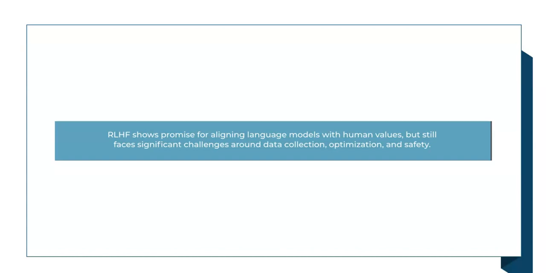The same probability of making things happen is the probability of destroying things using these models. So always make sure these three things are the significant challenges in using language models in the RLHF process. The first is collection of data, then optimizing, and safety.